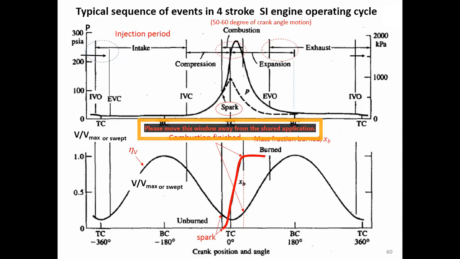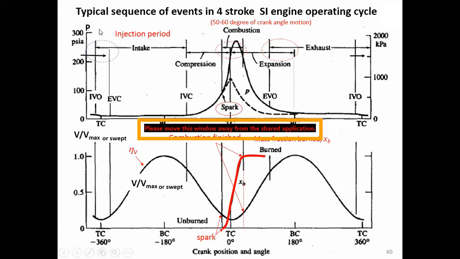Still fresh, huh? Okay, here I show you the typical sequence of events in the actual 4-stroke SI engine. This is important, because you will know what actually happens when the SI engine operates. Okay, I show you two graphs.